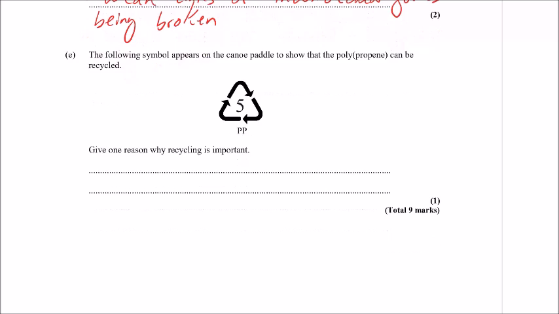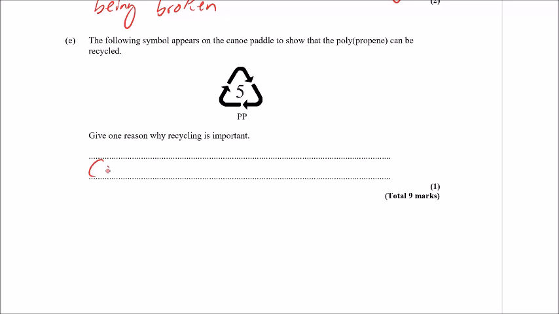Okay, so any two of those three statements. Give one reason why recycling is important. You should all know this by now: conserve resources.